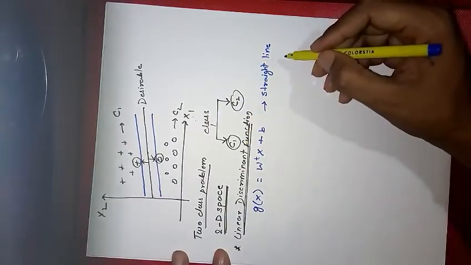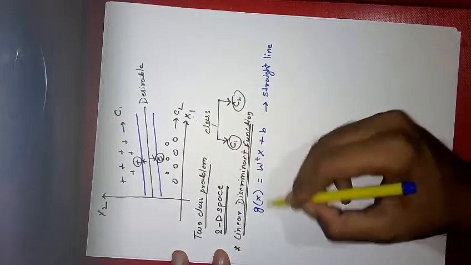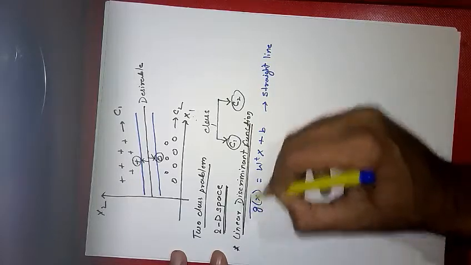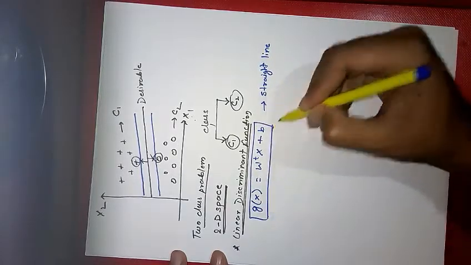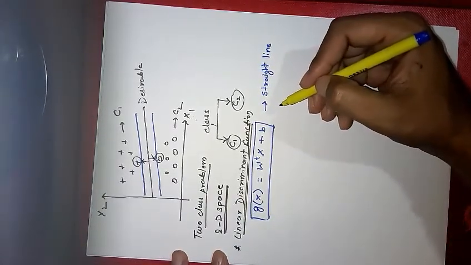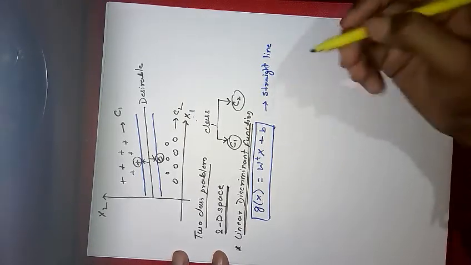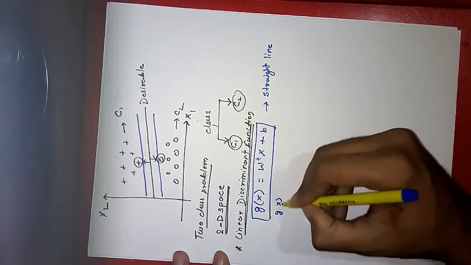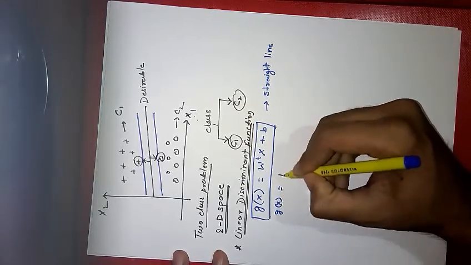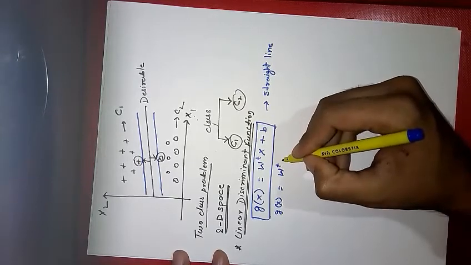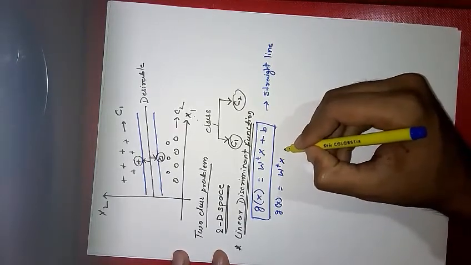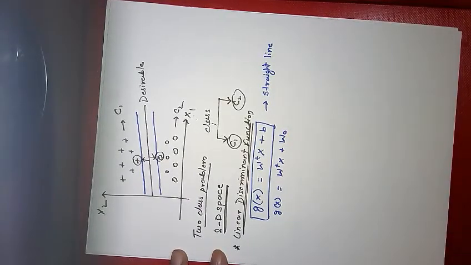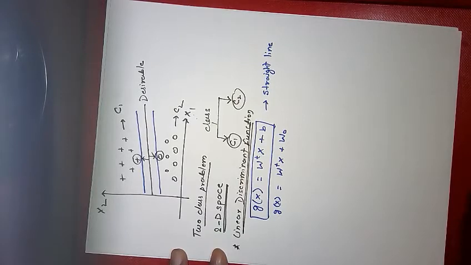So it can be represented by the linear discriminant function G of x equals W transpose x plus B. It can also be written as G of x equals W transpose x plus W naught for 2D space.